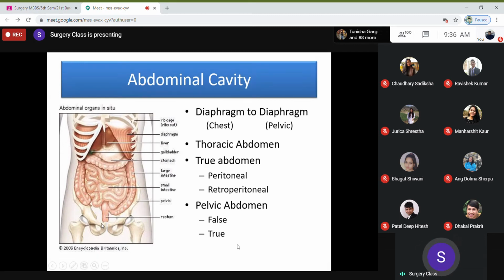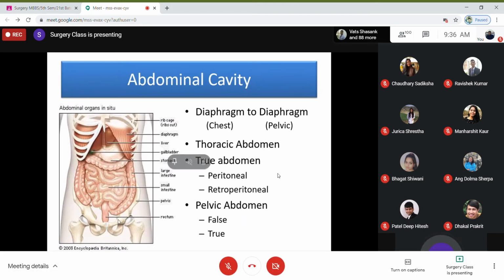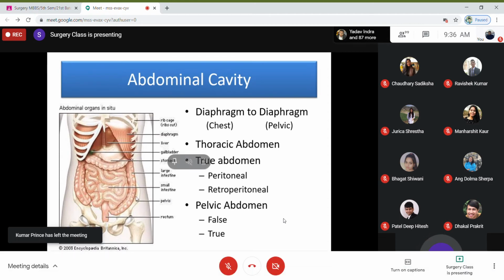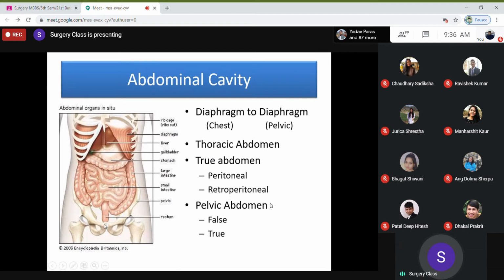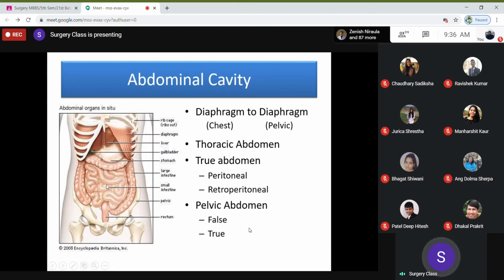In the pelvis, the abdomen is covered all around by bone, the pubic bones anteriorly and the sacrum posteriorly, and the iliac bones cover the posterior lateral part, but the anterior part is open. The part covered by the pubic bone is the true pelvic abdomen, and the one open anteriorly is the false pelvic abdomen. In between these two, the abdominal cavity has no bone.